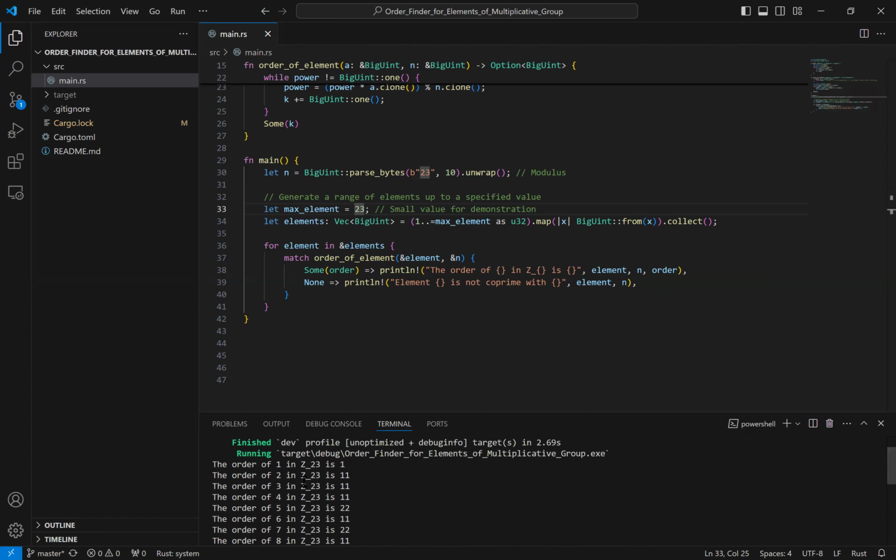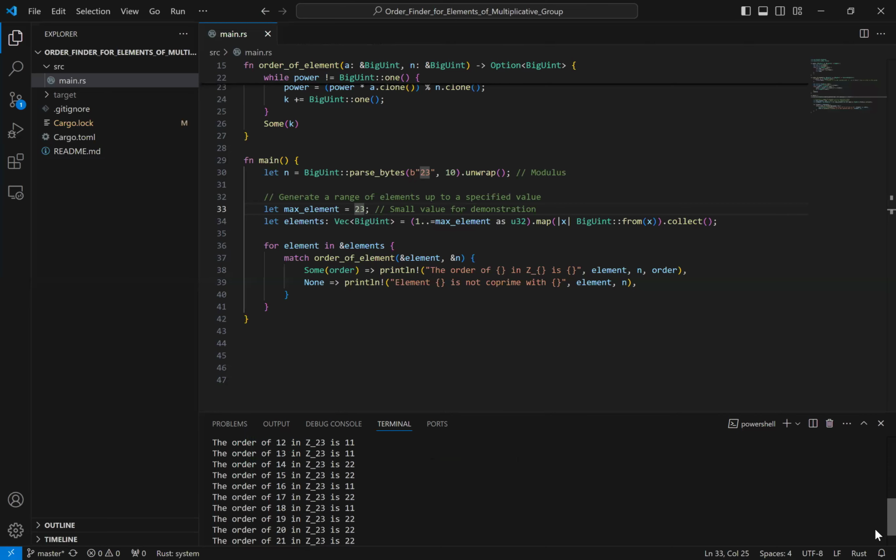For instance, it says the order of 1 would be 1. That means 1 raised to 1 gives you the identity, which is 1. The order of 2 would be that. The order of 3 would be that. Luckily, all these elements were relatively prime to 23.